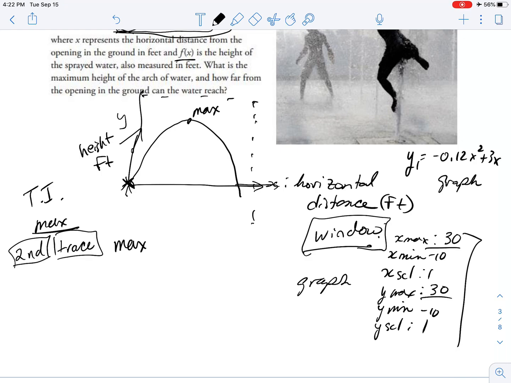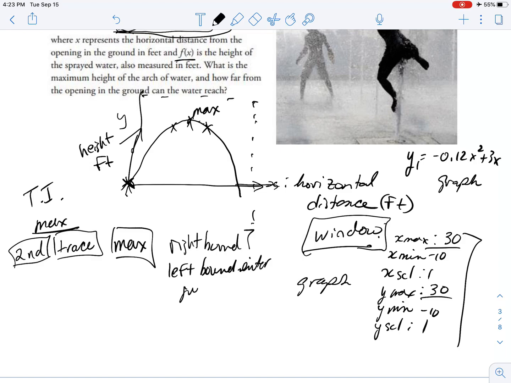And then there's a little cursor, right? It looks like this. So what I want to do is, after I hit maximum, the calculator says right bound, and there's a question mark. So what I want to do first is move it onto the maximum here, and then move it to the right side, hit enter, and then it says left bound, and I want to move it to the left, so I use the arrows to move it to the left, hit enter, and then it says guess, and you want to hit enter again.